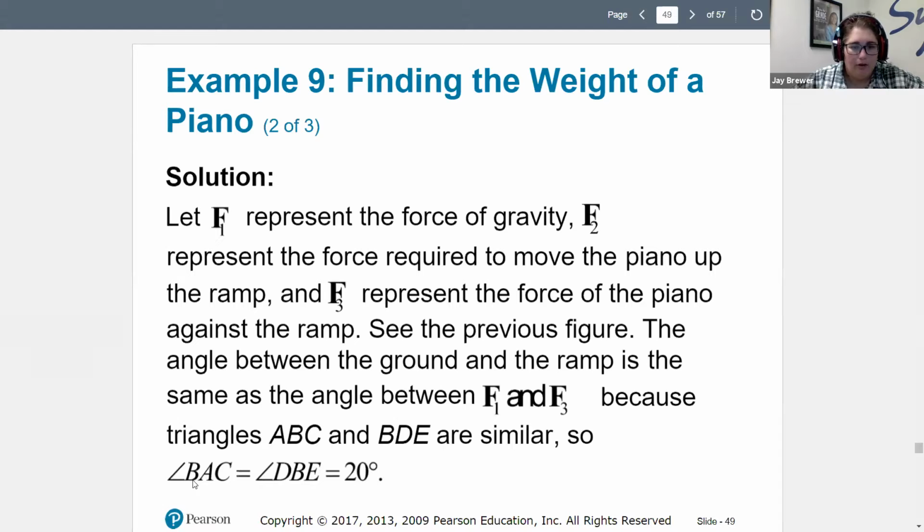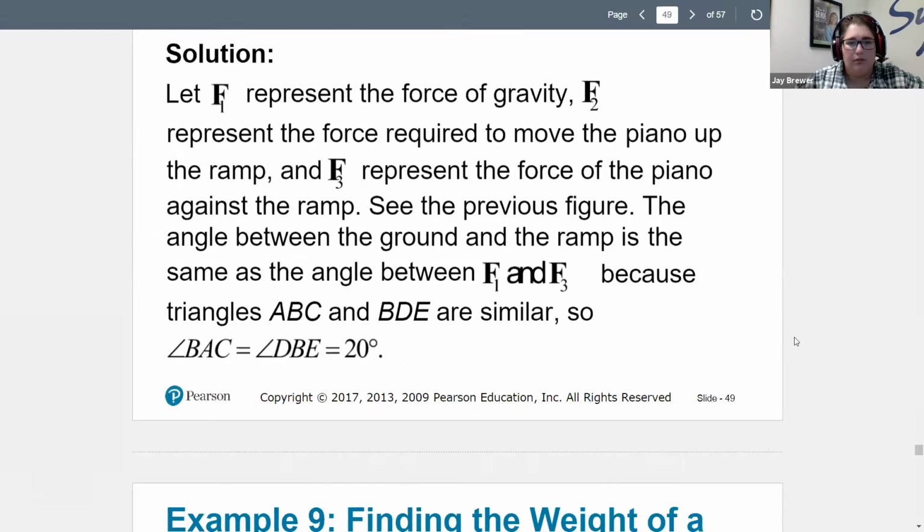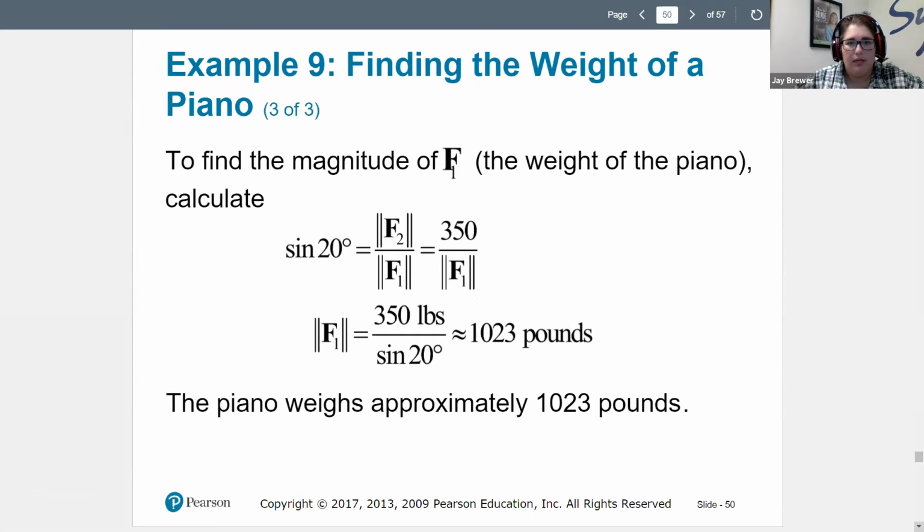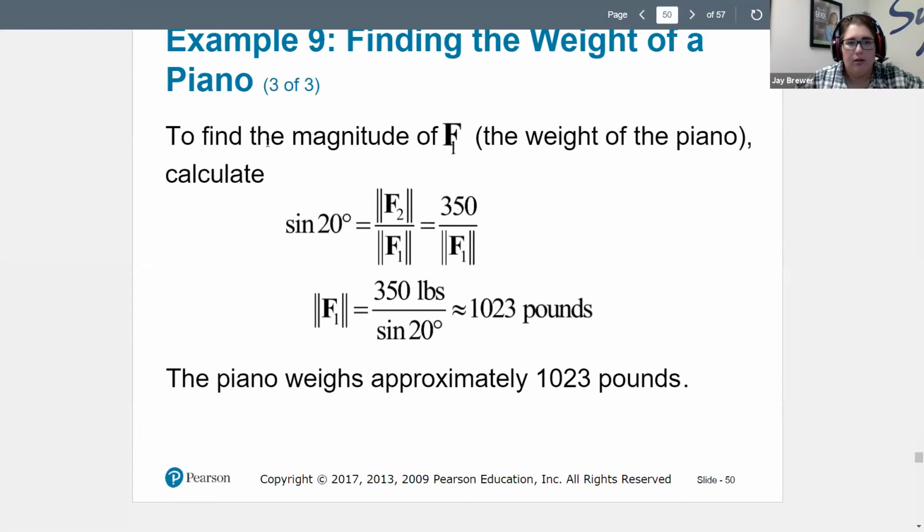So we get angle BAC is equal to angle DBE, which is 20 degrees. And then we're just going to plug it into the magnitude formula. So you get an approximate weight of 1,023 pounds.